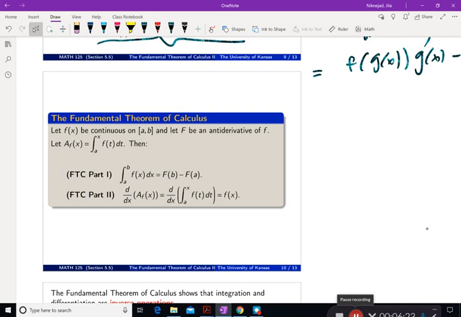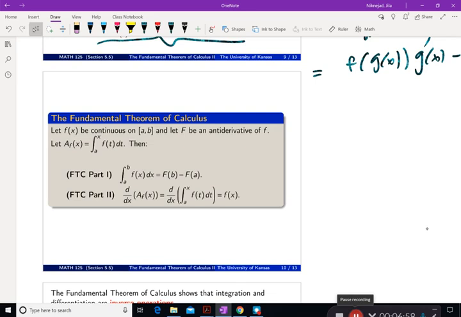And so part 1 tells you that basically A sub f of b is going to be F of b minus F of a, and that is the definite integral from a to b of f of x dx is going to be equal to the antiderivative of f evaluated at b minus the antiderivative of f evaluated at a.